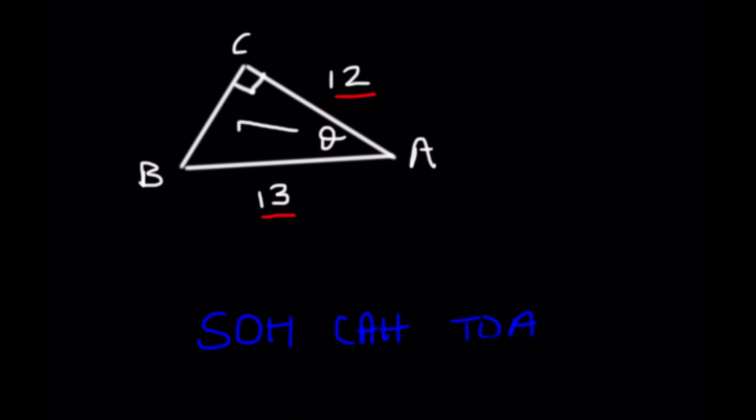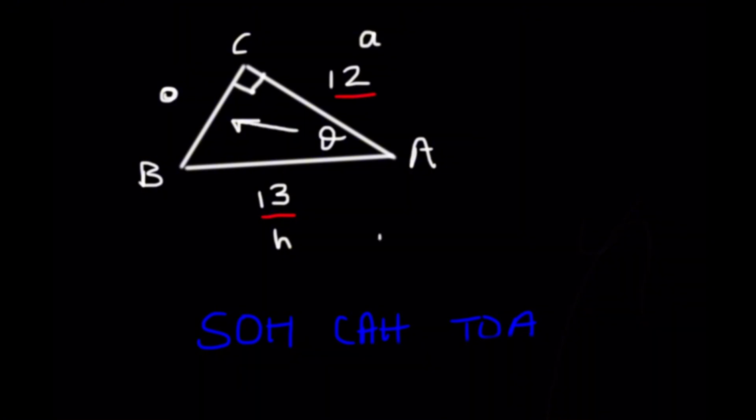If we point an arrow, we see that this side is the opposite side, this side is the adjacent side, and this long side right here is the hypotenuse. Right away you can tell the hypotenuse is the side across from the right angle because it's the longest side.